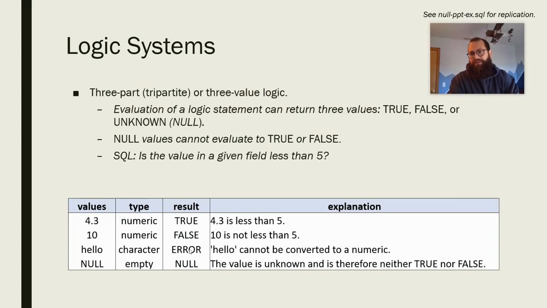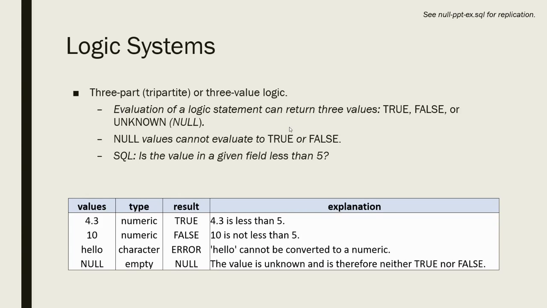Because if you're evaluating an unknown or a missing value, you don't know what that value might be in the future. So you can't evaluate a missing or unknown value to true or false. That's the way SQL is going to process the null value through conditional logic.